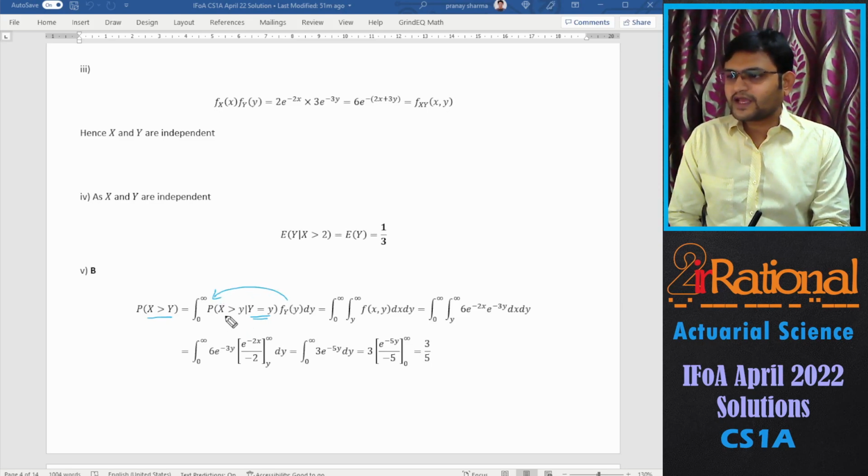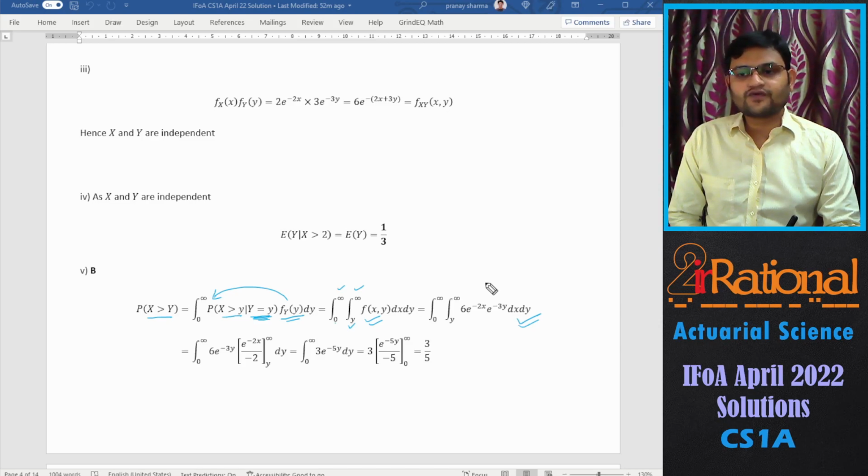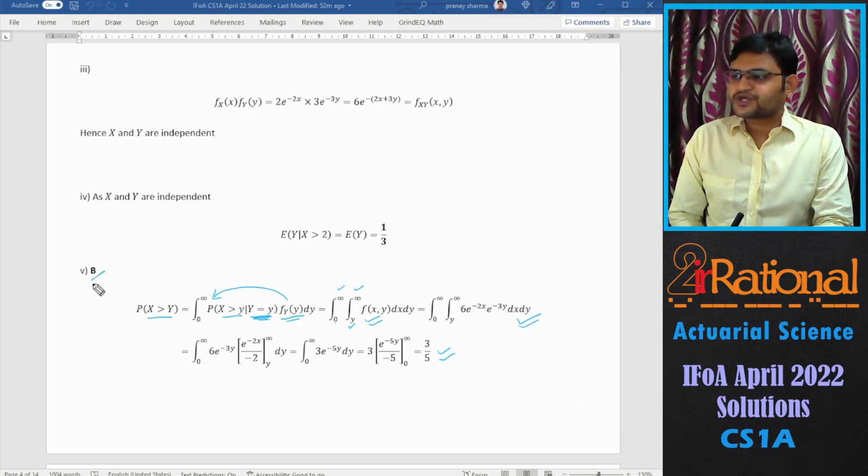So I'll say probability x greater than y such that y is equal to y, and for all different values of y we'll get this joint distribution where y is going from 0 to infinity but x is going from y to infinity. Either you can integrate your joint distribution or integrate the independent f of x, f of y separately, it does not matter, you'll get the same answer as 3 by 5. That is our option B.